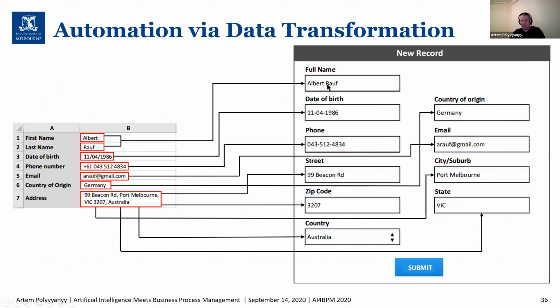For example, here we concatenate first name and last name. Sometimes we will split the data. For example, an address will get split across multiple fields in the web form. Sometimes we will actually copy, paste, and edit the information, as shown in this field of the web form.